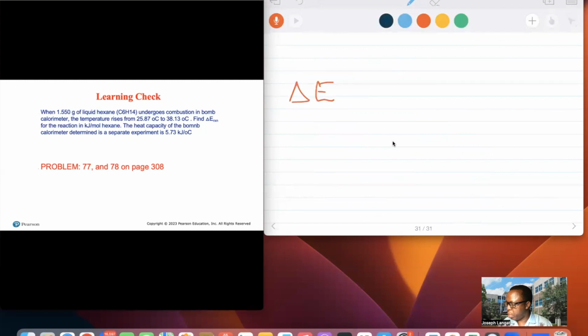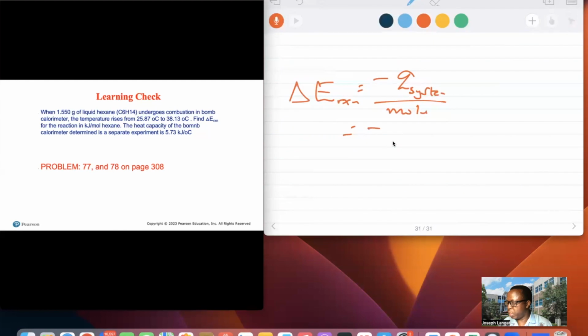Delta E reaction is equal to negative Q for the system per mole.